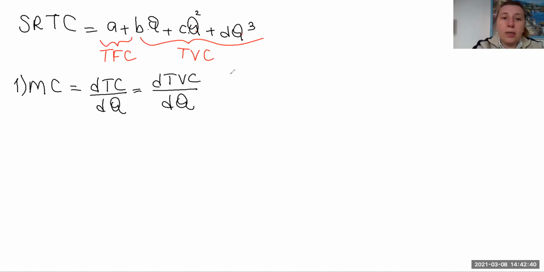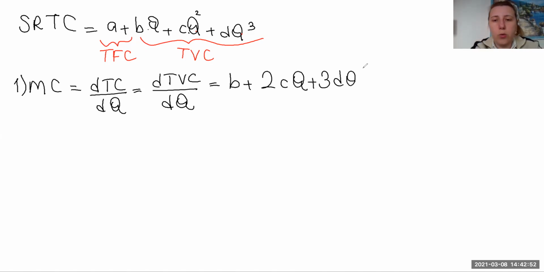Okay, so what is the marginal cost function in that case? B plus 2 times C Q plus 3 times D Q squared, right? So we have a second degree marginal cost function.